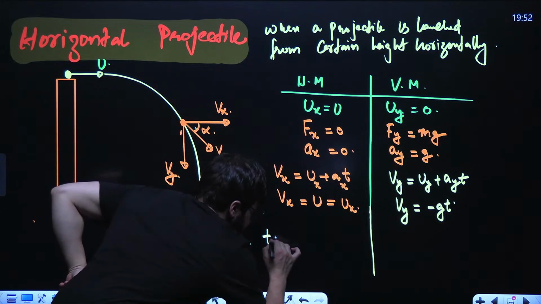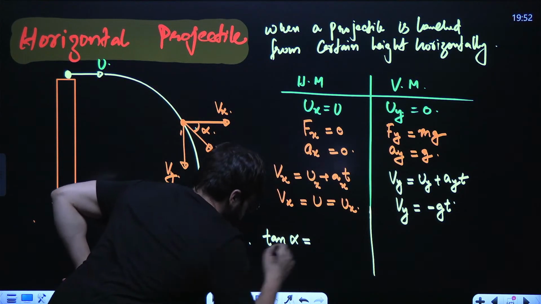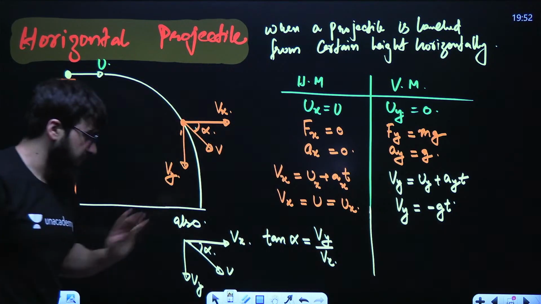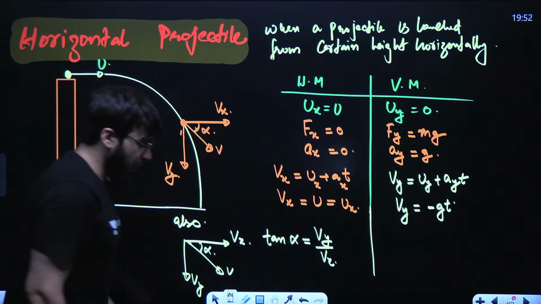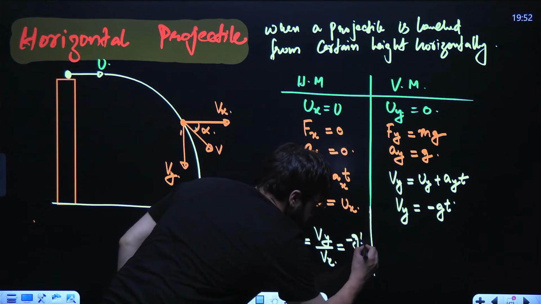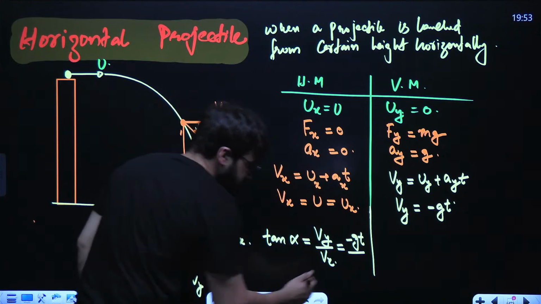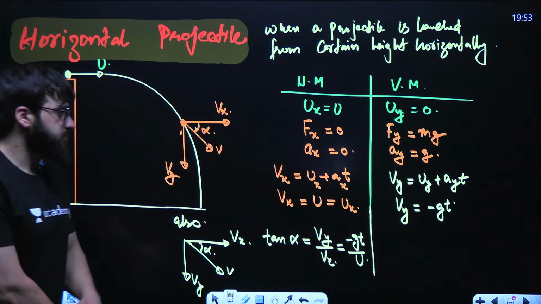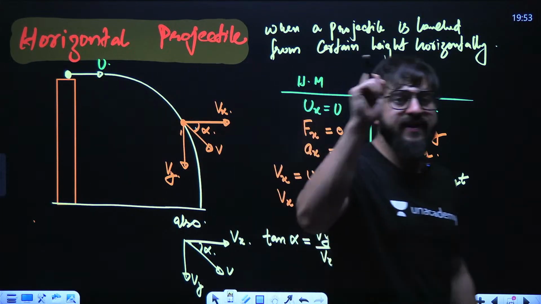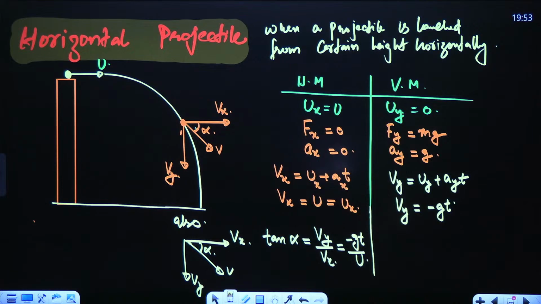So tan of alpha is vy divided by vx. Now how much is vy? Vy in this case is minus gt, divided by ux, which is u. So it is minus gt divided by u. Guys, is this clear till over here?